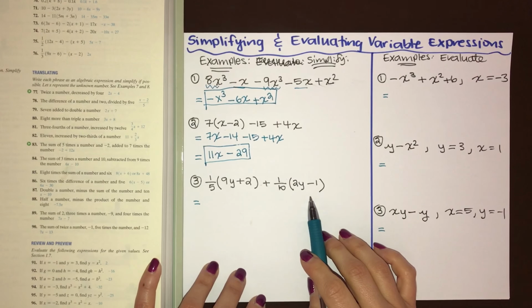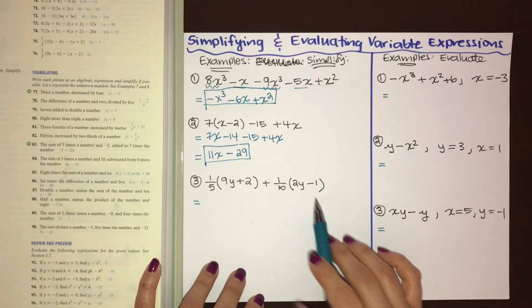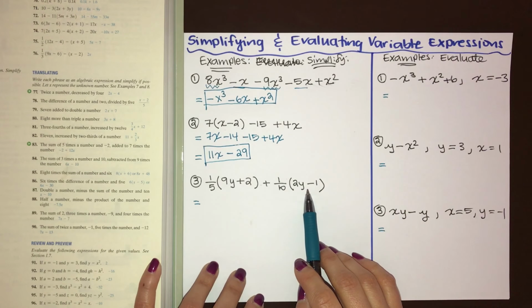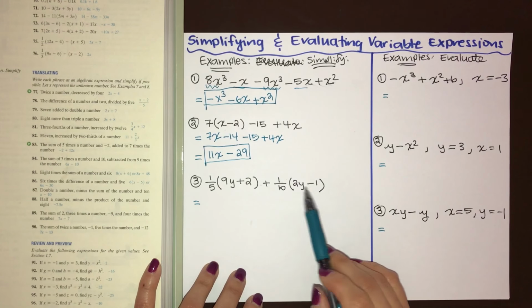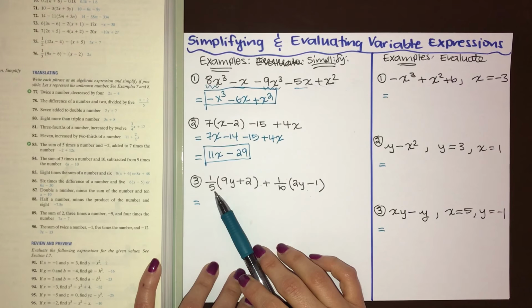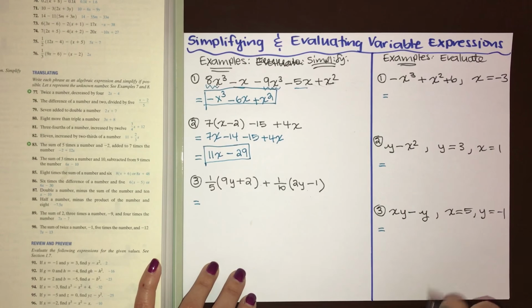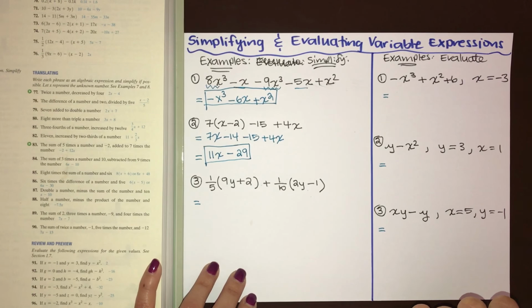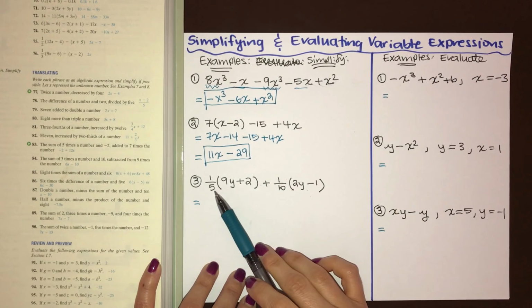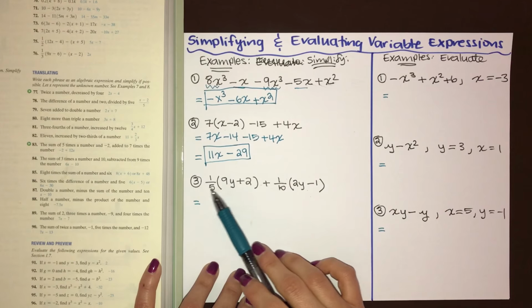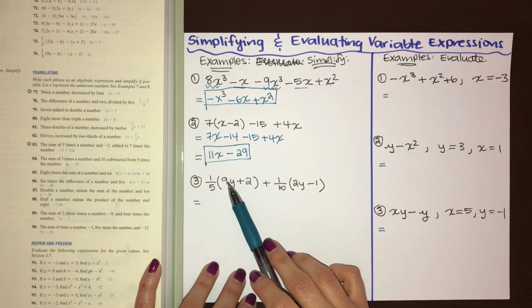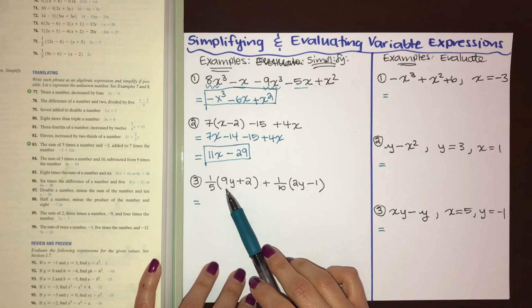Last example for simplifying. We have 2 parentheses, and so in this case, since I'm multiplying 1 over 5 and 1 over 10, then we need to use the distributive property twice. When you multiply fractions, remember you multiply numerator times numerator, denominator times denominator.